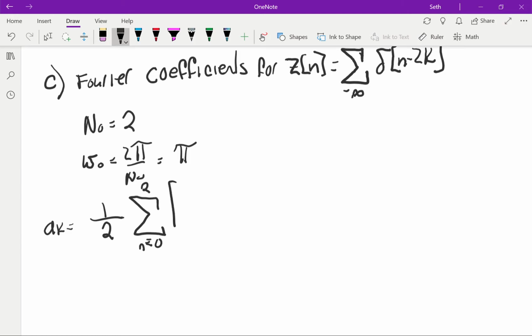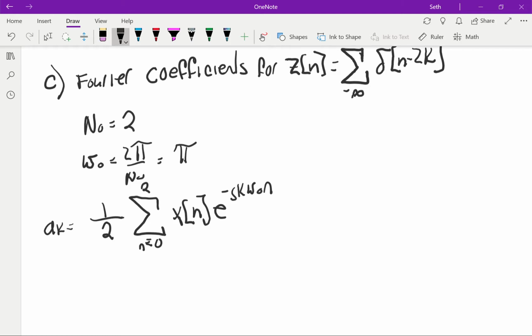Okay, so remember this is how you would normally write it: x of n times e to the minus j k omega naught n.